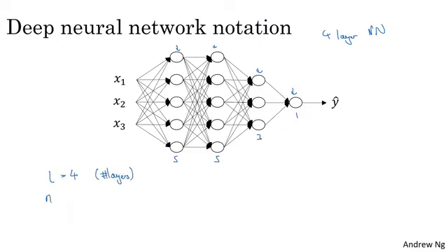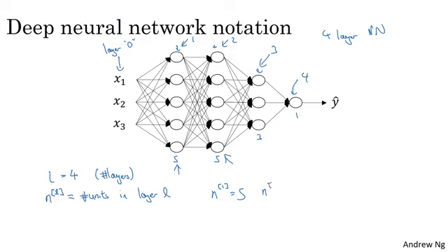And we're going to use n superscript [l] to denote the number of nodes, or the number of units, in layer lowercase l. So if we index the input as layer 0, this is layer 1, this is layer 2, this is layer 3, and this is layer 4, then we have that, for example, n[1], the first hidden layer, is equal to 5 because we have 5 hidden units there.